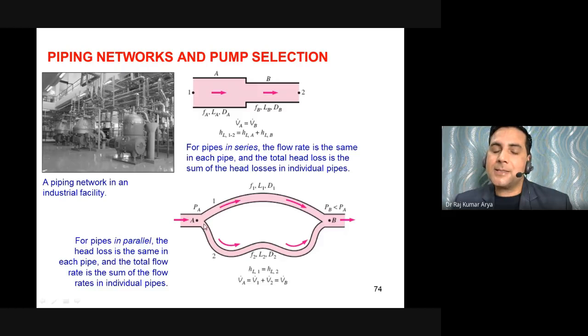Means if two people are traveling from this point at time t equal to 0, they should also reach point B at the same time, so the person who travels the longer path has to move at a faster velocity.